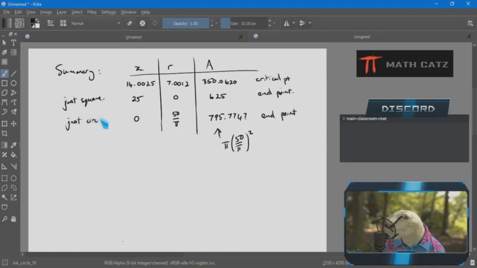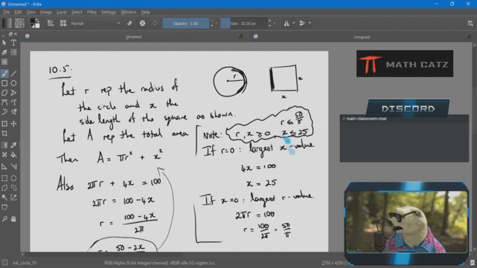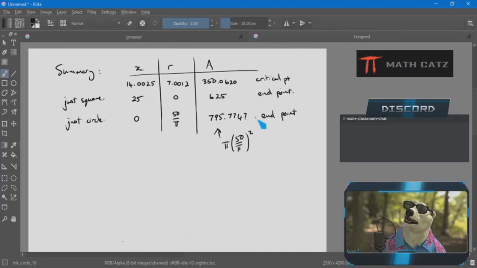just the circle. So I do have to check the endpoints, because in these practical situations, things are a little bit more complicated. And I don't know what's going to be the best. Just because I find a critical point doesn't mean that's necessarily the answer. So let's write a concluding sentence here.